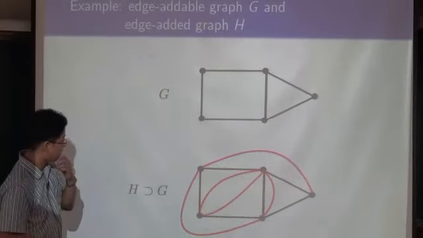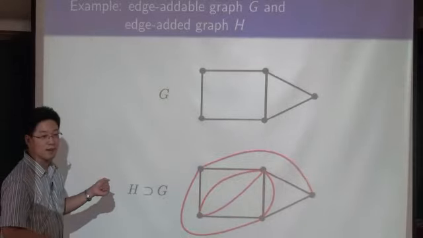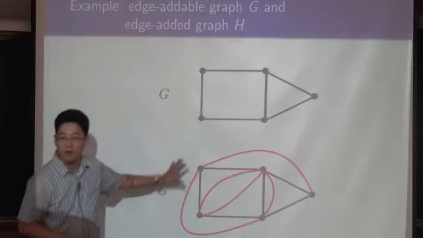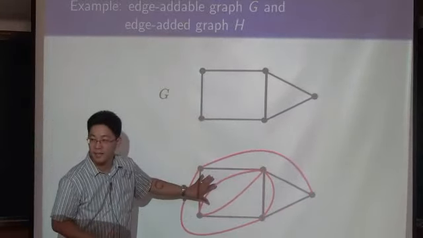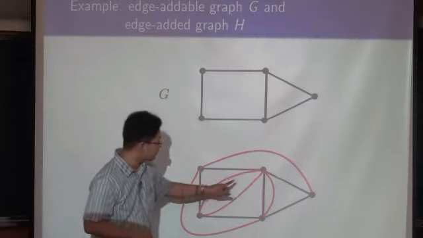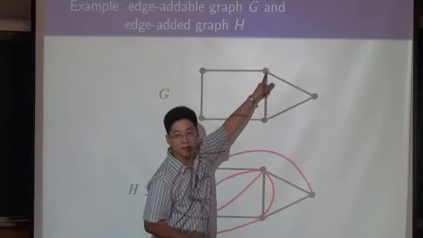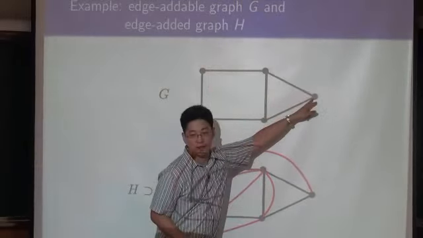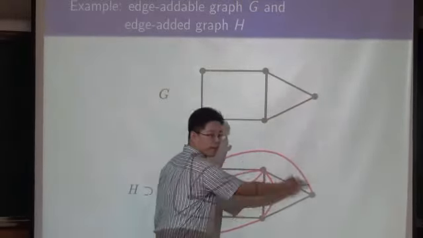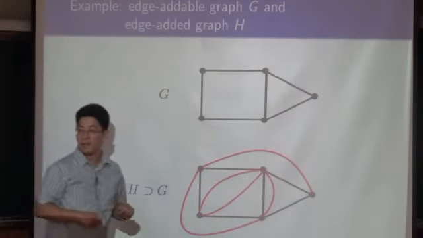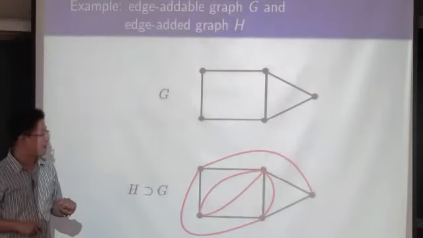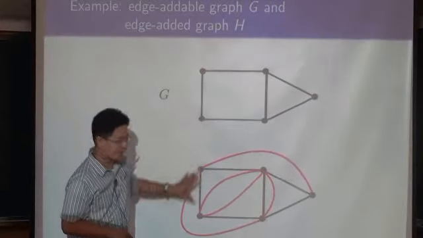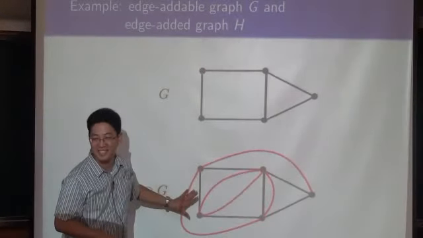So does it make sense? We want to add some extra edges to G so that for every vertex of degree at least 2, two neighbors are adjacent with some extra edge. We say that G is an edge-addable graph, and we say this is an edge-added graph of G, right?